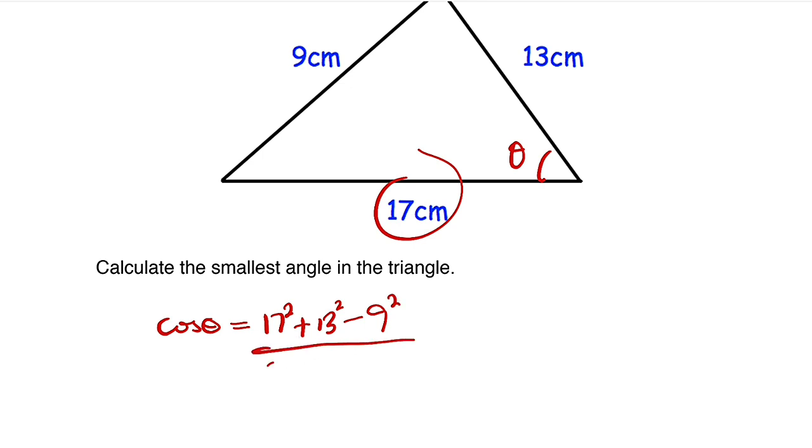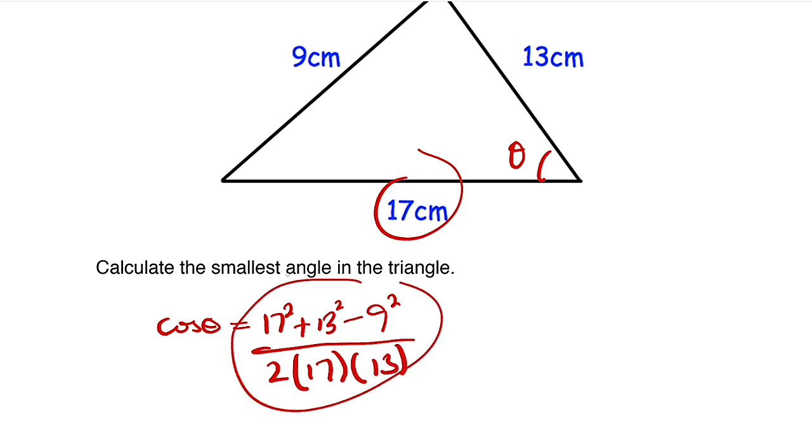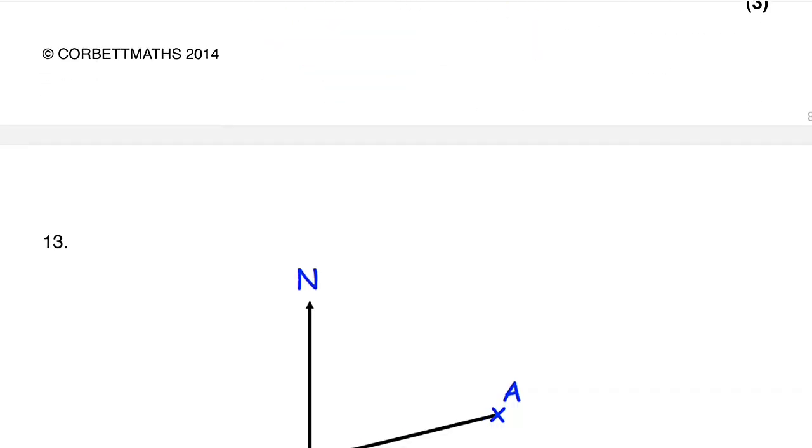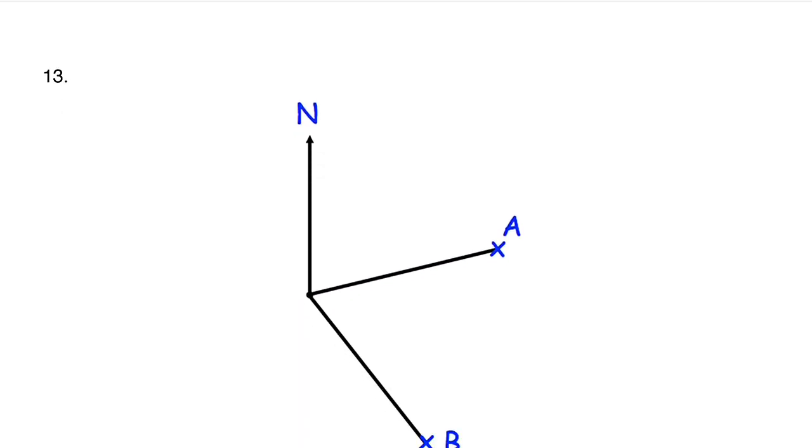The whole of this divided by 2 multiplied by 17 multiplied by 13. If you simplify this, you take cos inverse of both sides, you find that angle you're looking for. And let me write down the answer for you. It will be 31.47 degrees.